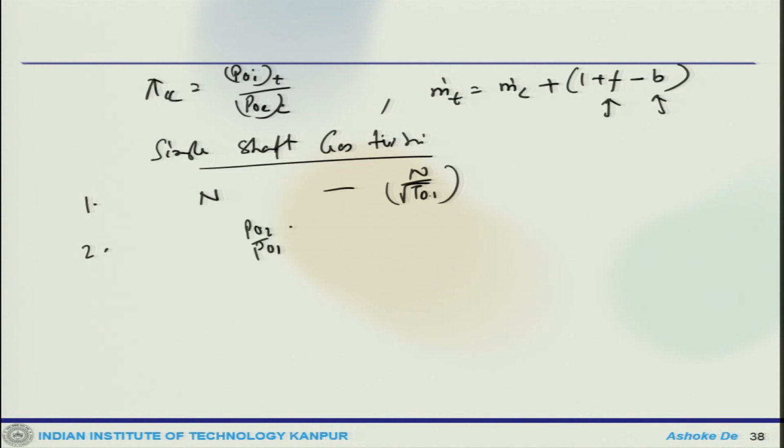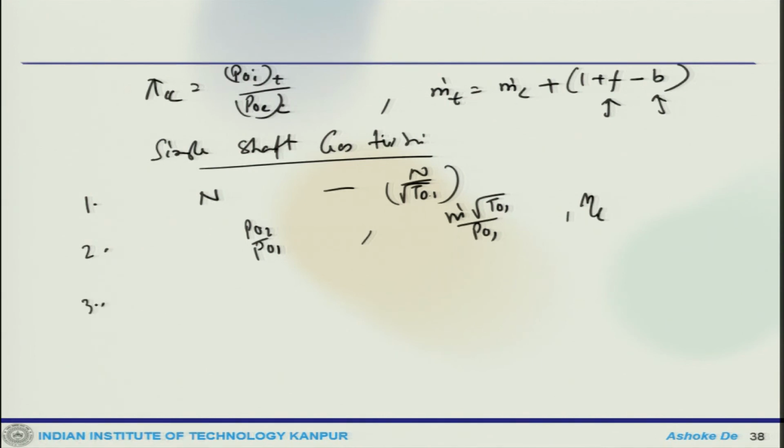From the compressor map we can find the operating point and the mass flow rate parameter, m dot root T naught 1 by P naught 1, and compressor efficiency.